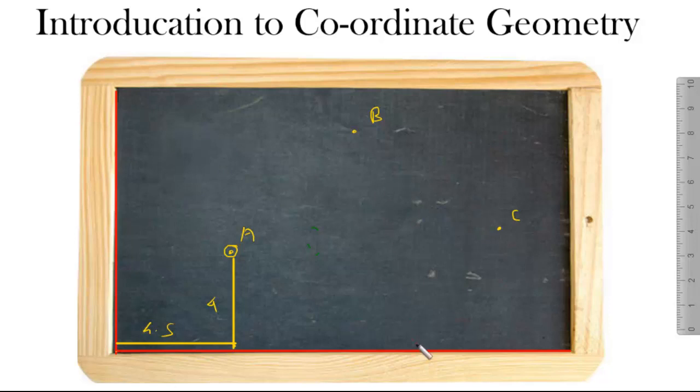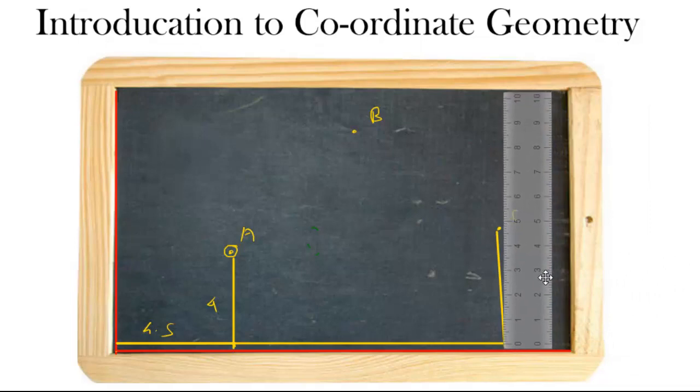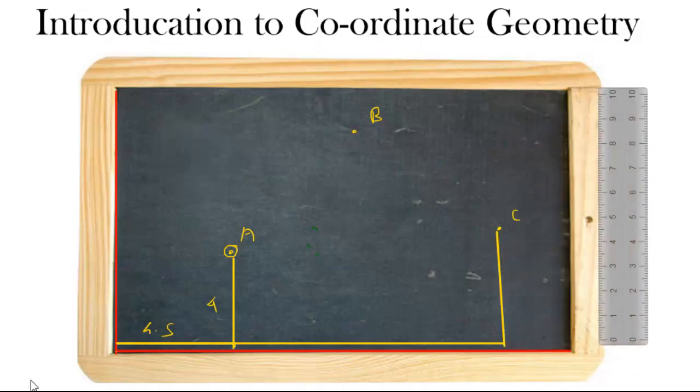Now how to describe the position of C? Again apply the same logic. First we have to travel along the horizontal axis. Then we have to travel parallel to the vertical axis. Let us measure the distance. The vertical distance is about 4.5 centimeter.